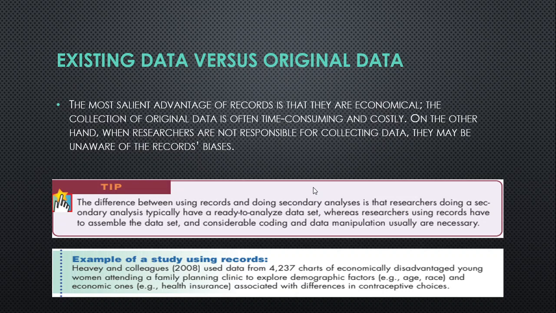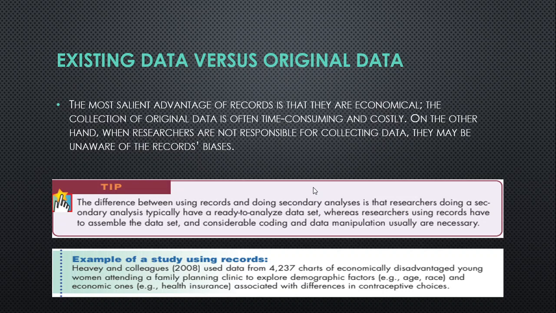The difference between using records and doing secondary analysis is that researchers doing a secondary analysis typically already have a dataset to analyze, whereas researchers using records have to assemble the dataset, and considerable coding and data manipulation usually are necessary.